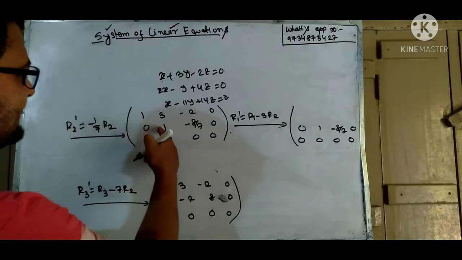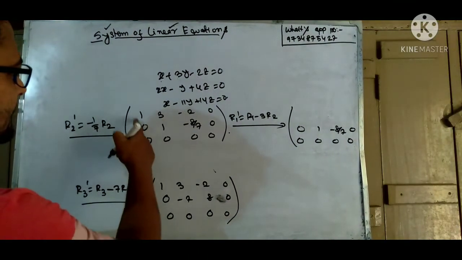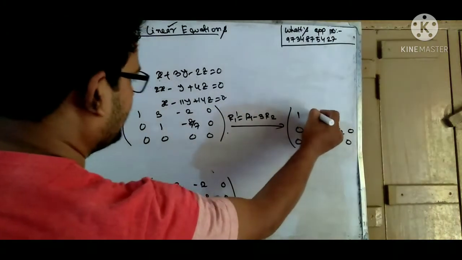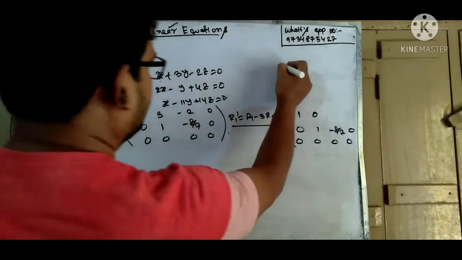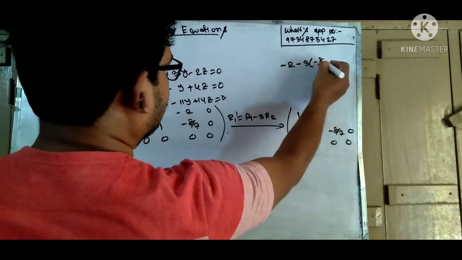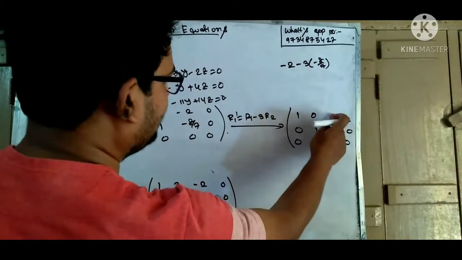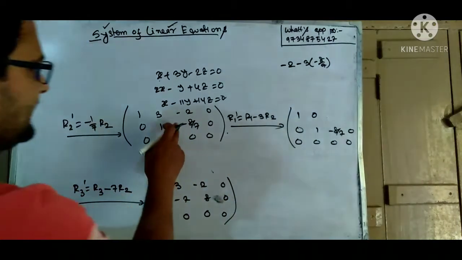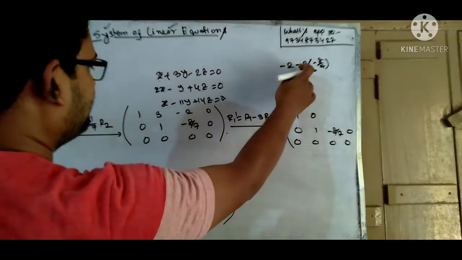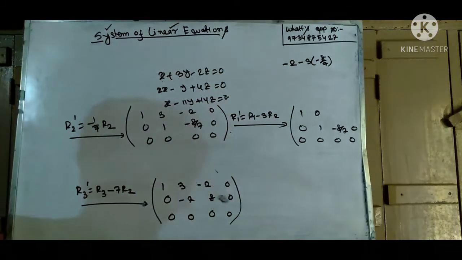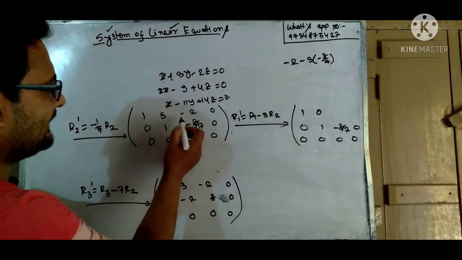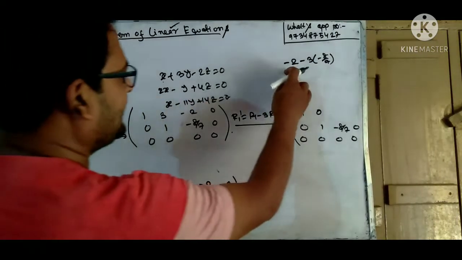Now multiply this by 3 and then subtract. So this position will be 1, 3 means 0, 3 means minus 2, minus of 3 into minus 8 by 7. This will be the element of this position. Note minus 2 minus of minus 3 into minus 8 by 7. That means we multiply this by 3 and subtract from this. Then this will be the element.